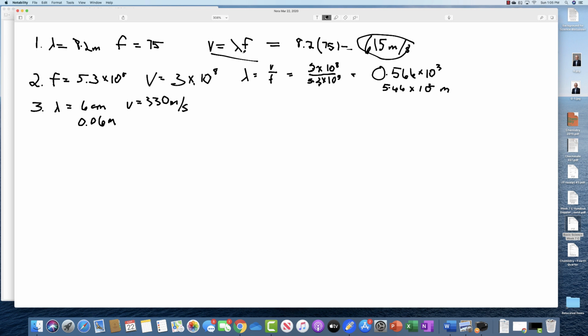Again, you rearrange this equation, now solving for frequency: frequency is equal to velocity divided by the wavelength, which is going to equal 330 divided by 0.06. And if you do the math here, you get 5,500 hertz, or 5,500 cycles per second, which is what hertz means.